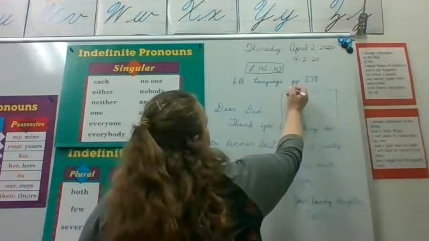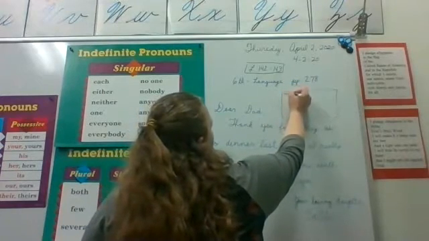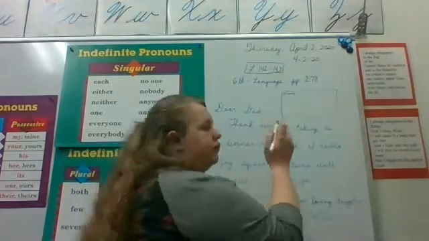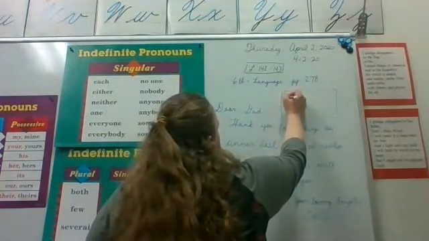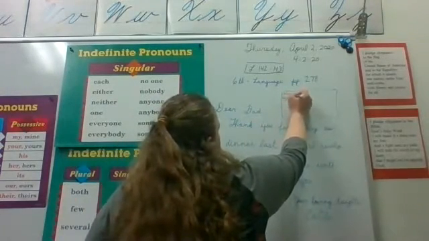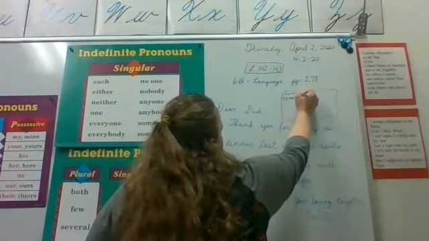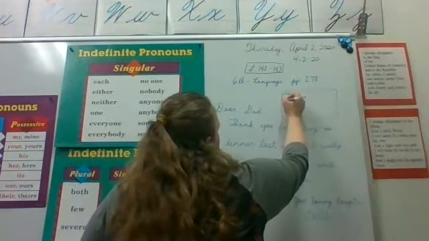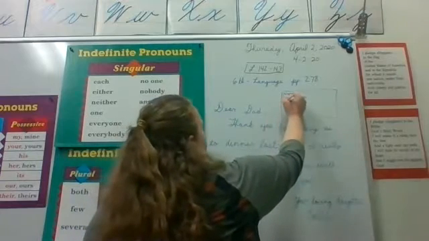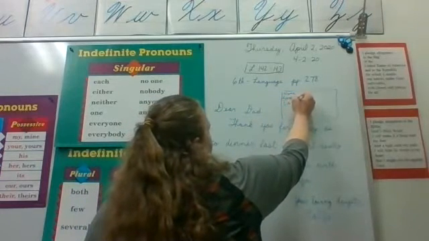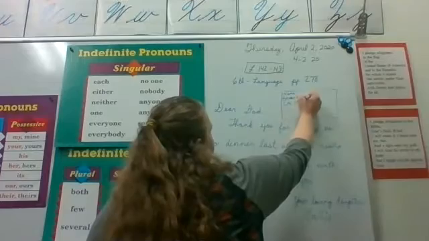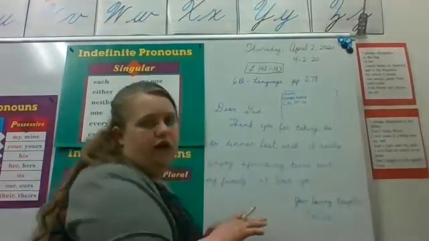Your name, and then your street address, and then the city, state, and zip code. Okay, go there.